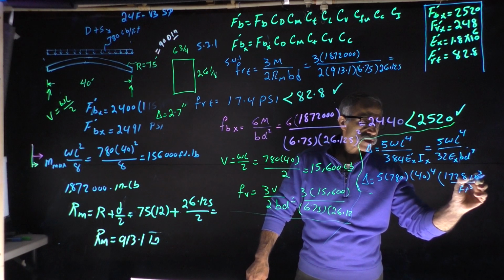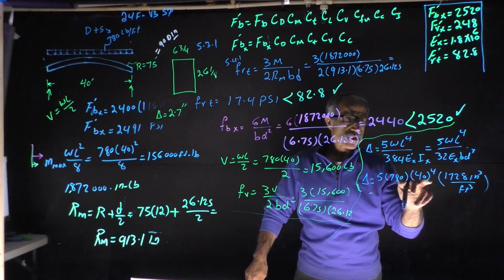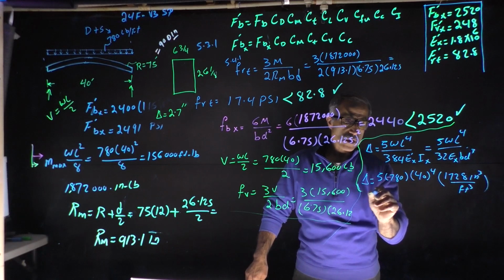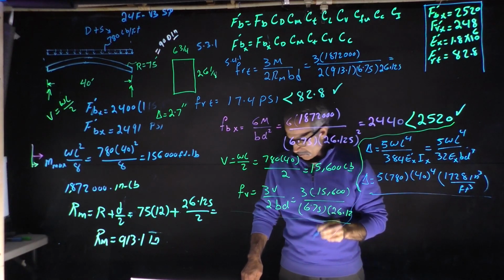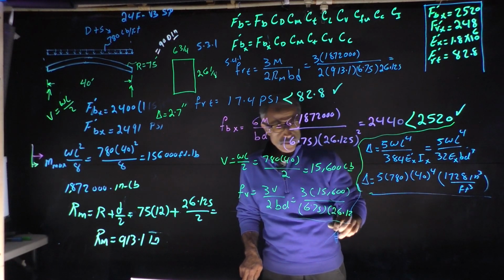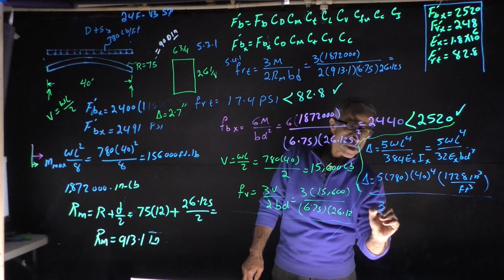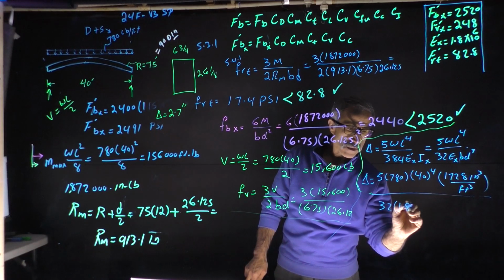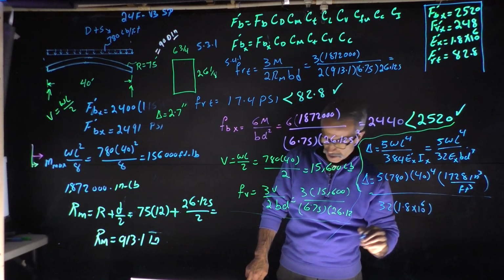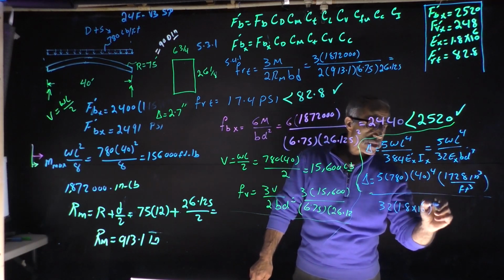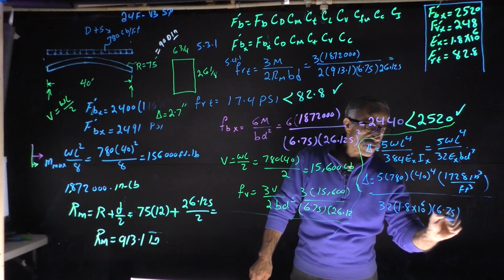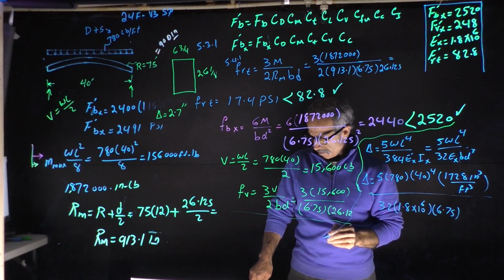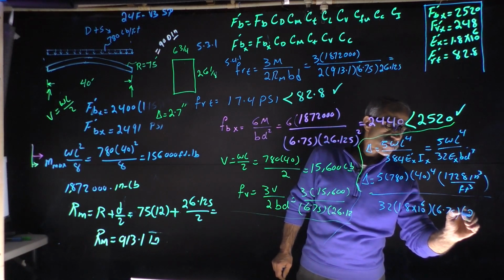That's just a conversion, because I'm going to divide by 1 by 4 over here, so I don't have to convert all 4 of them, and divide that by 32 times 1.8 times 10 to the power 6, and times BD, 6.75, and times 26,125.